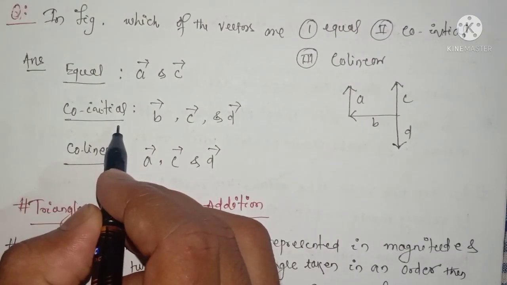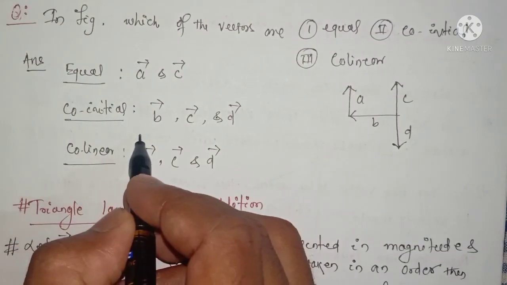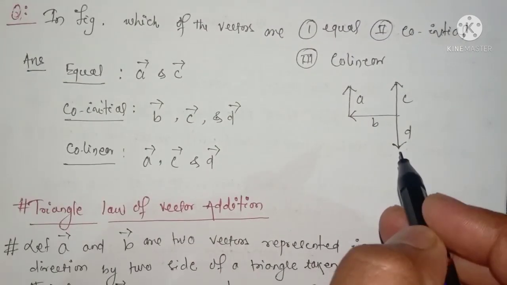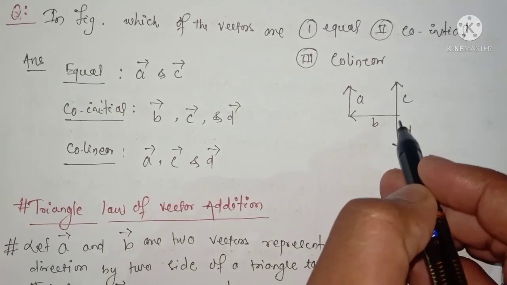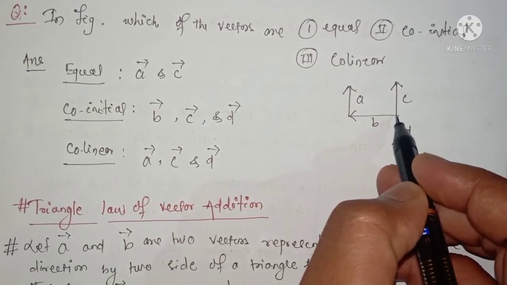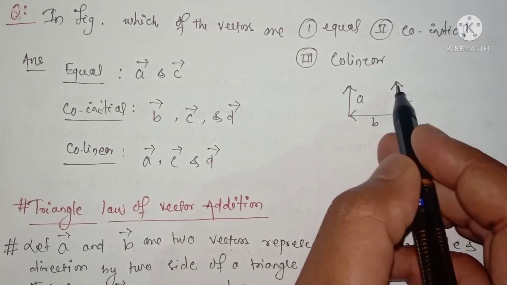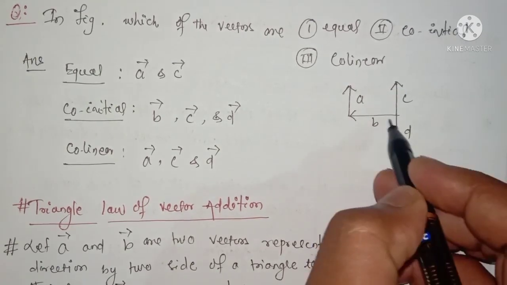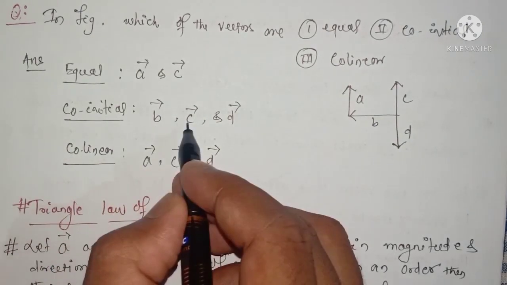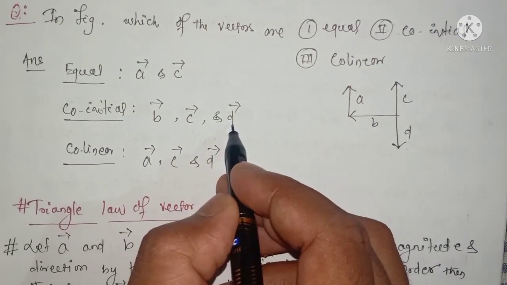Co-initial vectors. So what are co-initial vectors? The vectors which have the same starting point. Here is a starting point, and from this point we have vector B, vector C and vector D. So these are called co-initial vectors: vector B, vector C and vector D, right?